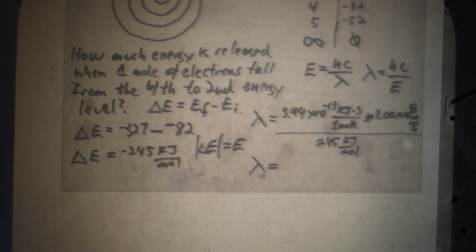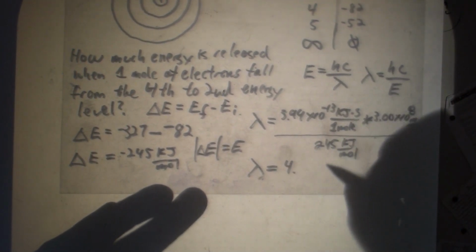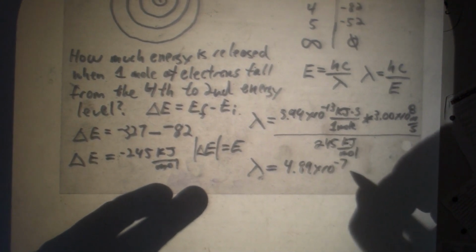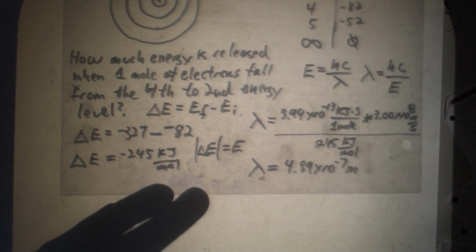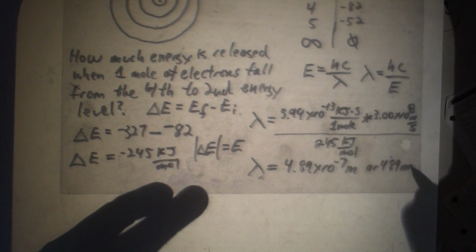And then if I plug it into my calculator correctly, I get 4.89 times 10 to the negative 7th meters, or 489 nanometers.